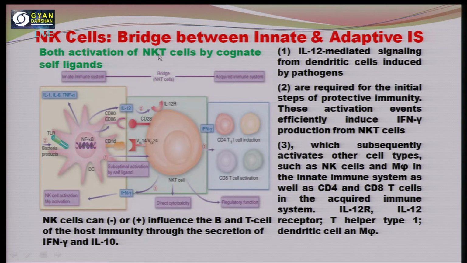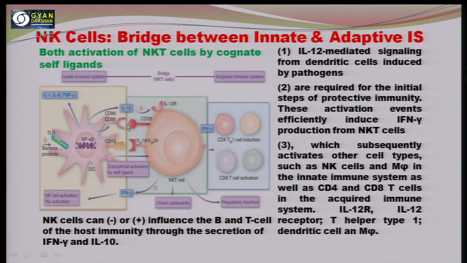Activation of the NKT cells occurs by cognate self ligand. The various receptors there will regulate the T cells as well as dendritic cells, and ultimately they will kill the pathogens.